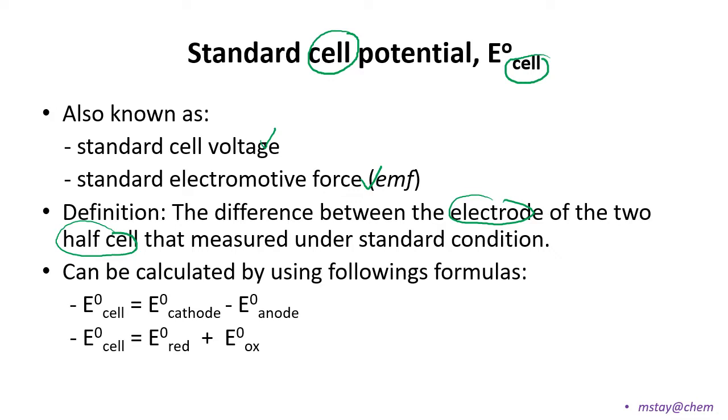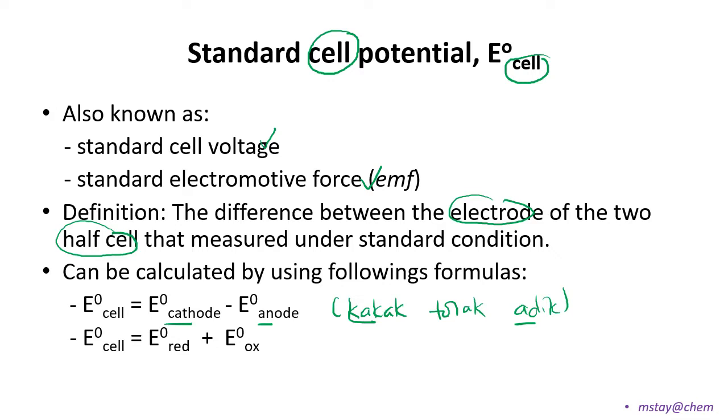So to calculate the standard cell potential, we are going to use the formula cathode minus anode, where I always ask students to try to remember, kakak tolak adik. Okay, so the kakak is the cathode, and the adik is the anode.